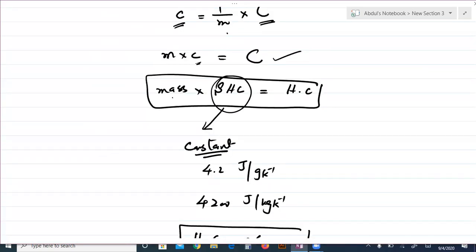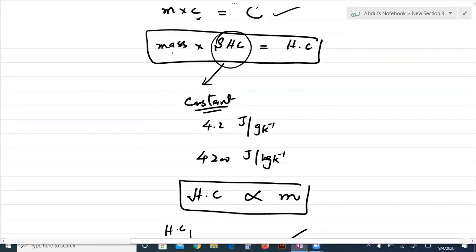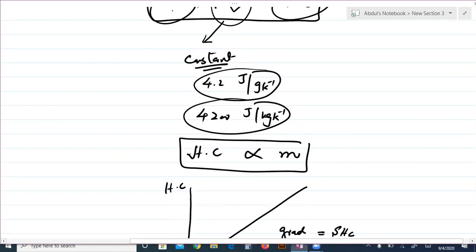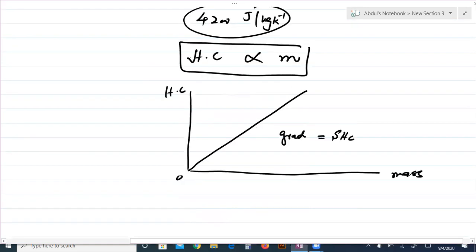But the specific heat capacity of the substance remains the same. Like water, it is fixed, it's constant, 4.2 joules per gram Kelvin, which can be written as 4200 joules per kg Kelvin.